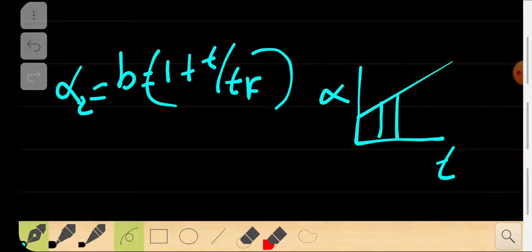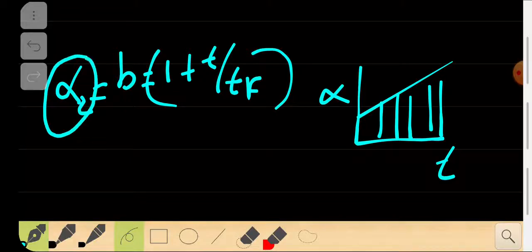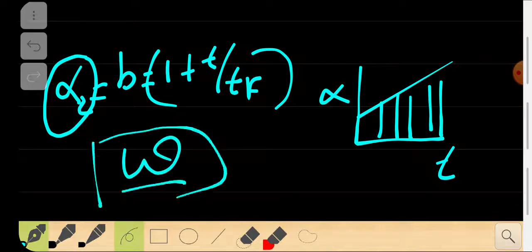So the area under that curve will be what? The area under the curve of acceleration will be called the velocity, which is angular velocity omega, right? So area under this will be equal to total omega.